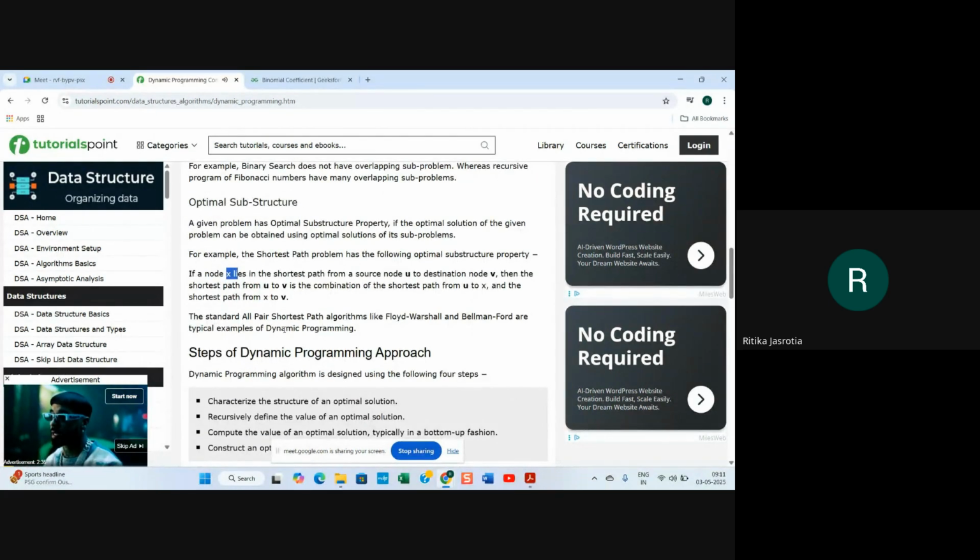The standard all-pair shortest path algorithms like Floyd-Warshall and Bellman-Ford are typical examples of dynamic programming. We will do Floyd-Warshall in our study.